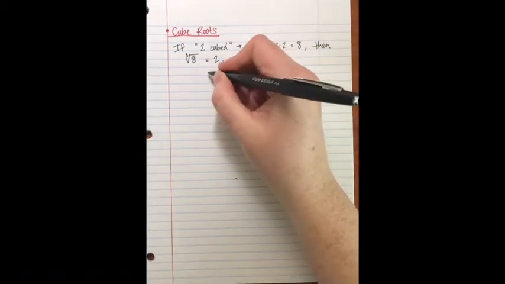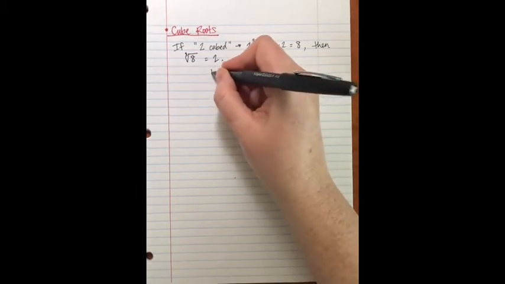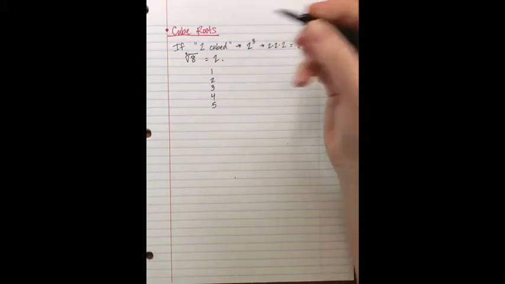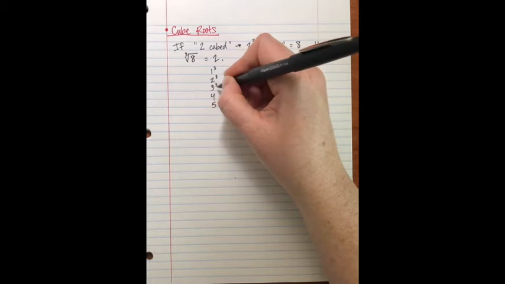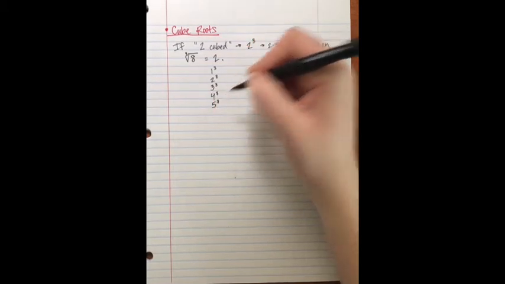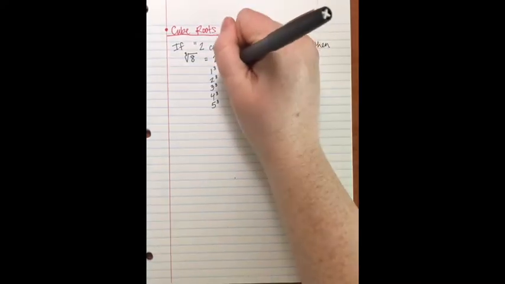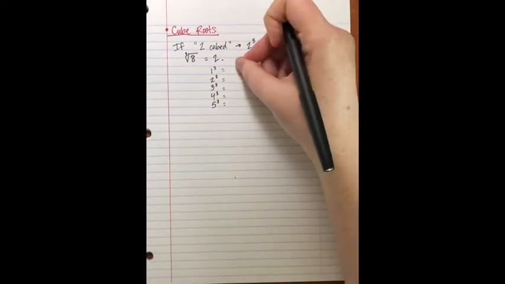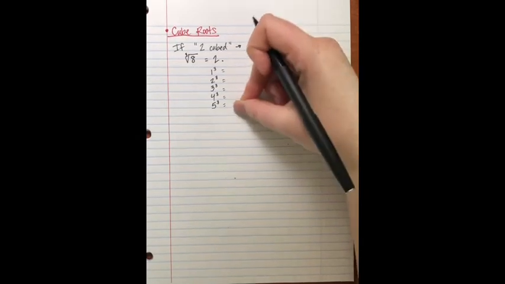So let's look at some more little examples here. We're gonna take cubes of the first 5 numbers. So 1, 2, 3, 4, 5. And I want you to cube those. Okay, so pause the video if you haven't already and try and remember how to do that.